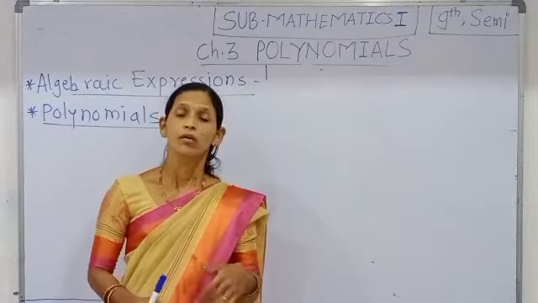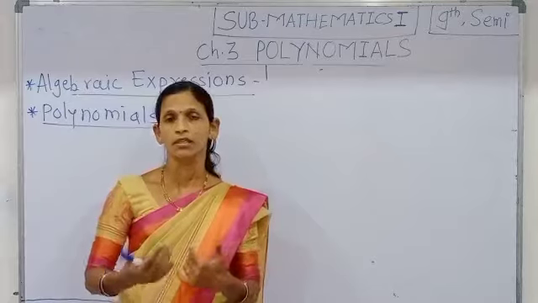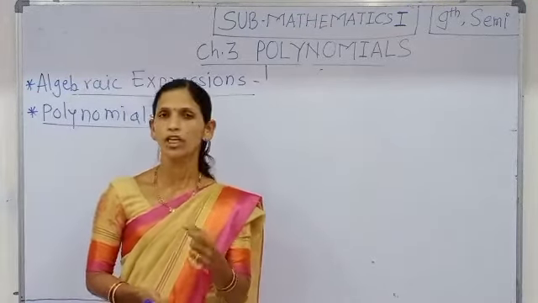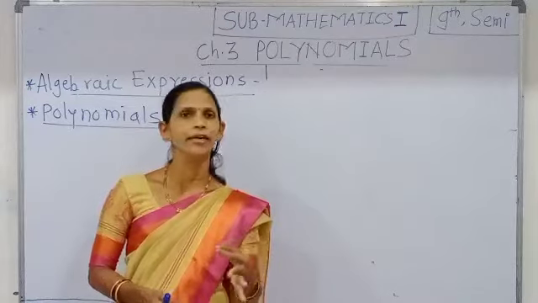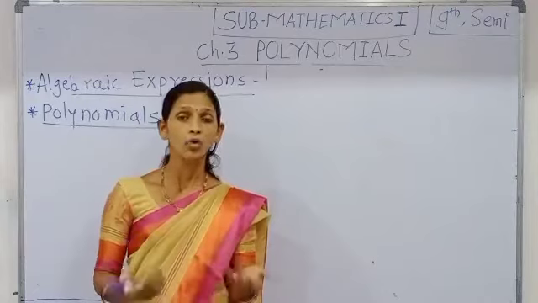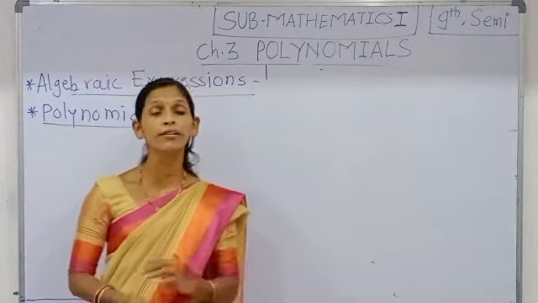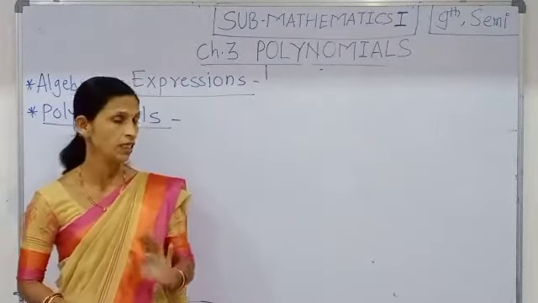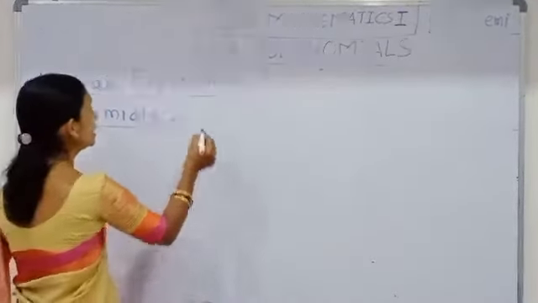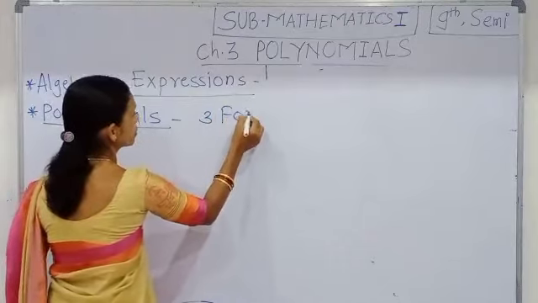We have already studied that polynomials should be written in their standard form. Then in how many forms can we write polynomials? See here, polynomials can be written in three different forms.